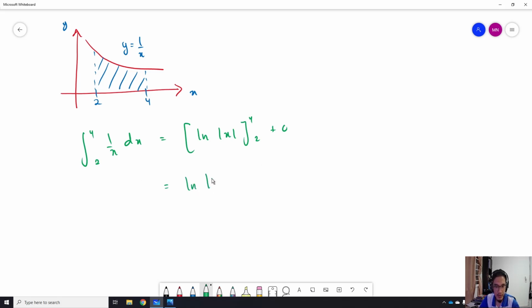There is ln 4 minus ln 2, and this is equal to ln 4 over 2. Alright, so that is the answer for the area of the shaded region under the graph. So for this part, don't forget to write down unit square because it is an area.